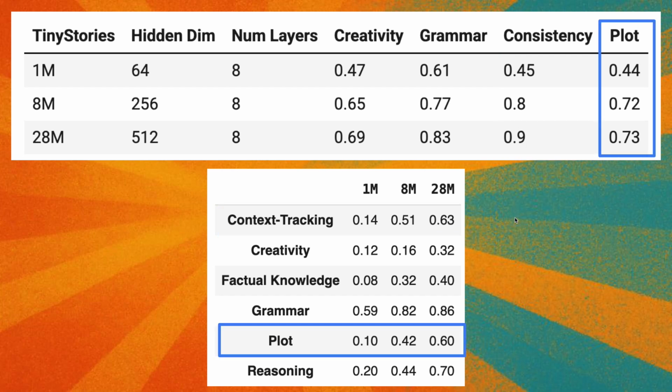And finally, we have plot. Here the maximum kind of matched, 60% to 73. But then the medium-sized and small model scores are significantly different. Now, the most exciting elements, and I can't lie, these are the most exciting for me: factual knowledge and reasoning were not quantitatively assessed in the TinyStories paper the way these other scores were listed.